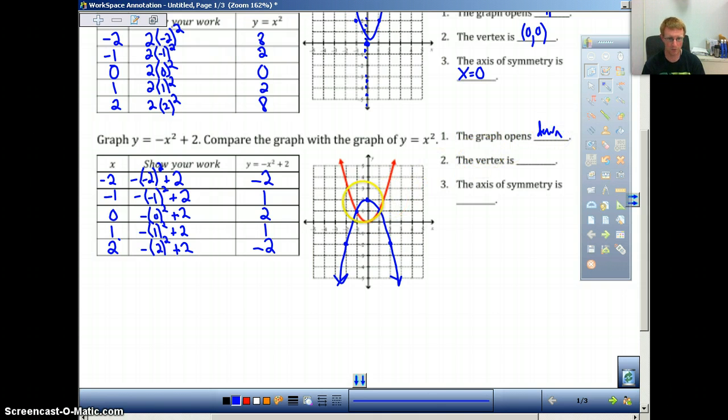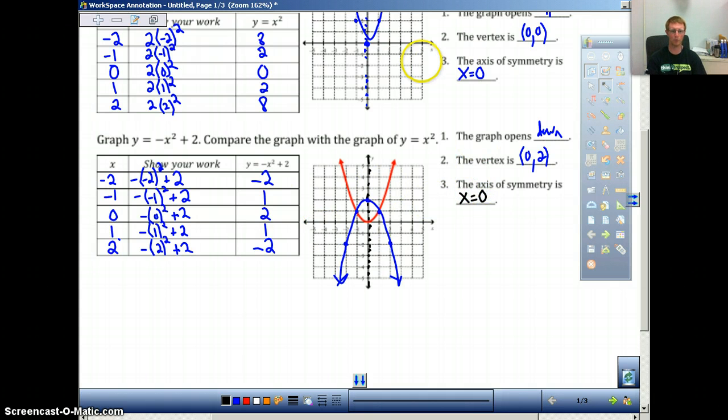The vertex, find the vertex, so that's 0, comma, 2. And again, if we're drawing a vertical dotted line straight through the center, that is still at x equals 0. Again, find the x value that it's at, and that's what our x value is, x equals 0.